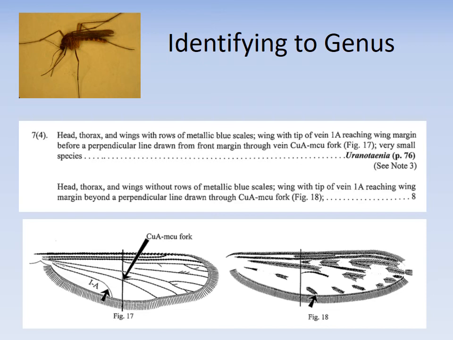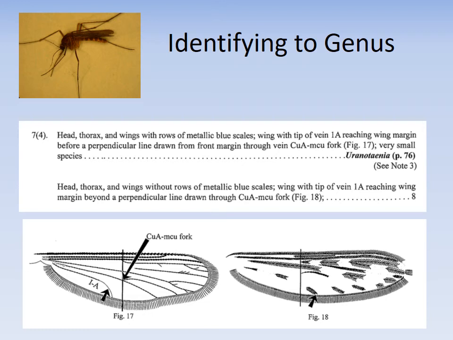So now we're looking at this couplet, which could be sending us to Uranotaenia, or it could be sending us to couplet 8. Now, if you know anything about Uranotaenia, you would know they are small mosquitoes. They have rows of metallic blue scales on them, and it's hard to miss those characteristics.